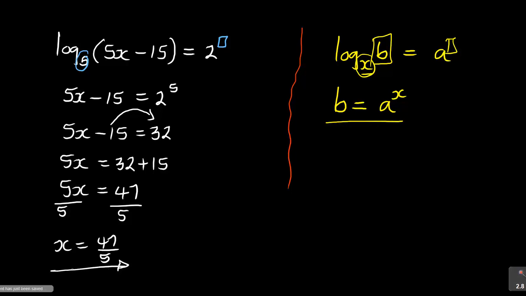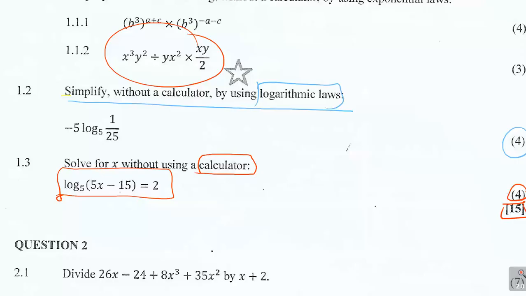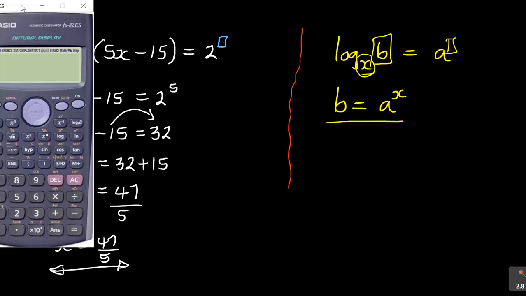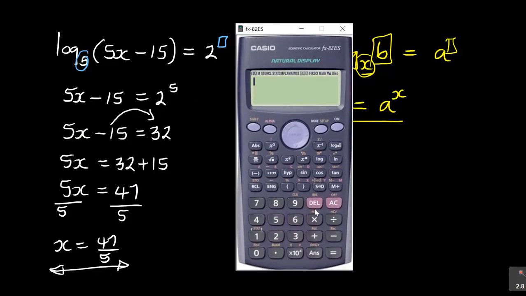You rarely get these, but let's test it and see what it gives us. Remember, x is 47 over 5, so I want to test it in that part. We have a calculator and say log base 5 of 5 times, remember x is 47 over 5.